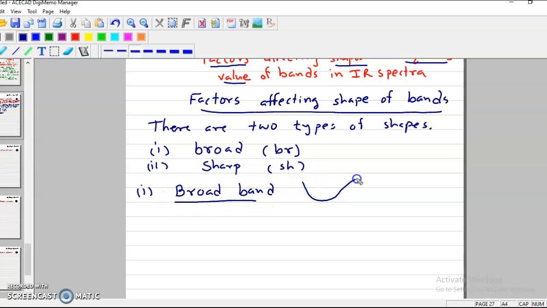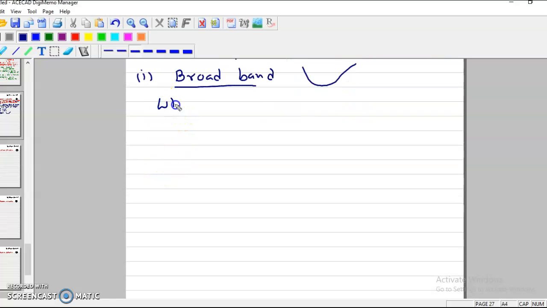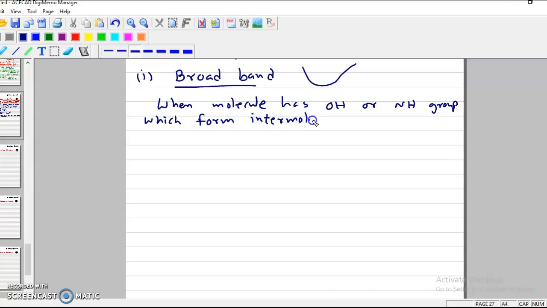The band is normally huge like this in the graph, and when a molecule has OH or NH group or NH2 group rather, which form intermolecular hydrogen bonds, it shows broadband.